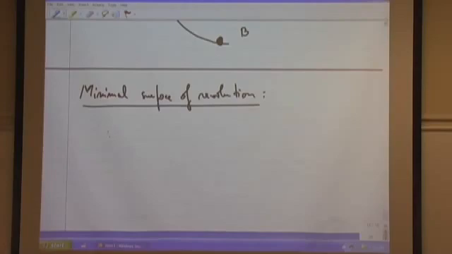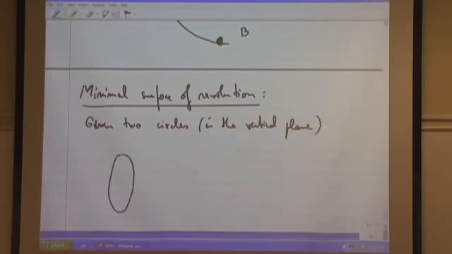And by that I mean the following. So the following problem: given two circles in the vertical plane that are like this.